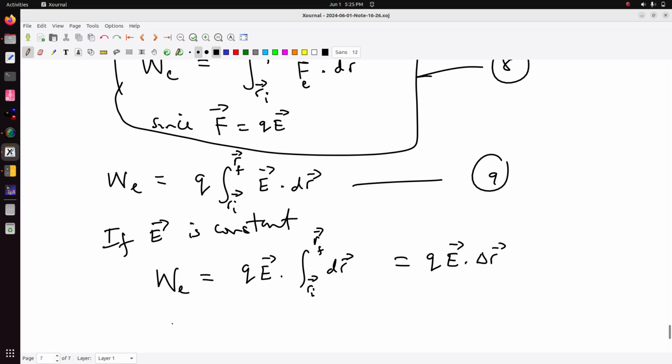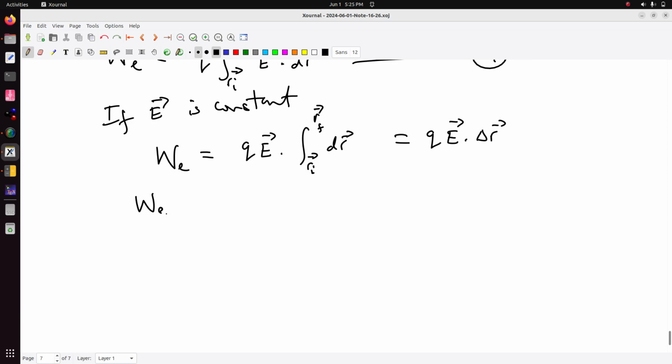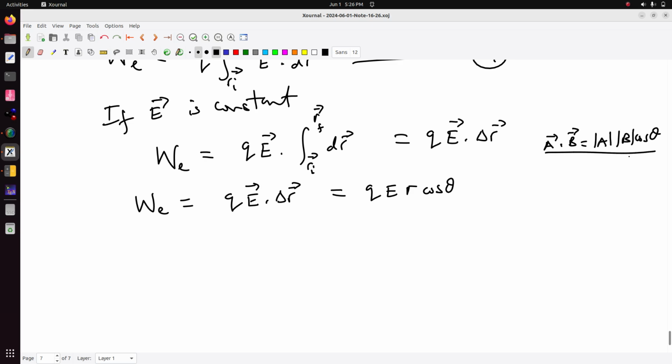So we can write W_E, which is the work done, equals QE dot delta R, or QER cos theta. Why? Because the scalar product of two vectors A and B is the modulus of A, the modulus of B, cos theta. In this case, E is the modulus of the vector E, R is the modulus of the vector R, and theta is the angle between the electric field and the position vector.